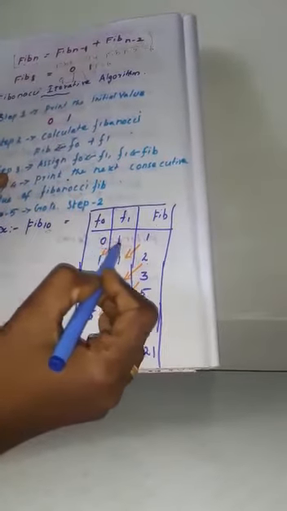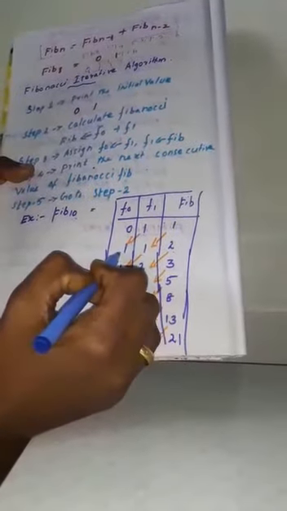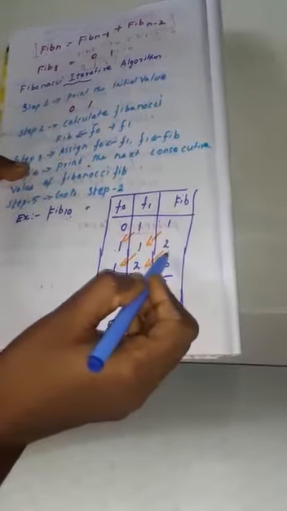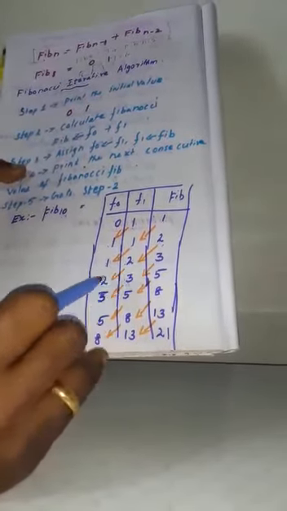First the initial values 0, 1; 0 plus 1, 1. Next, the F1 value is assigned to F0, the Fib value is assigned to F1. Next 1 plus 1, 2. Then 1 plus 2, 3. Then 2 plus 3, 5.